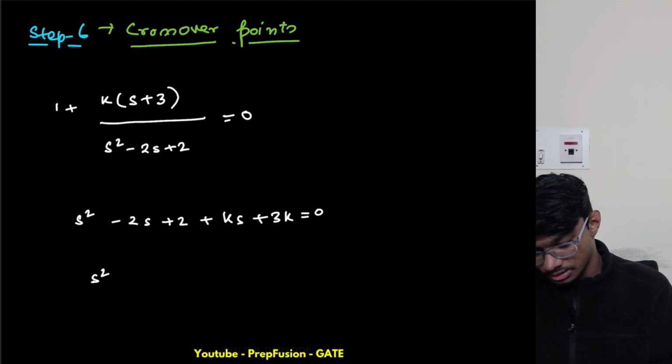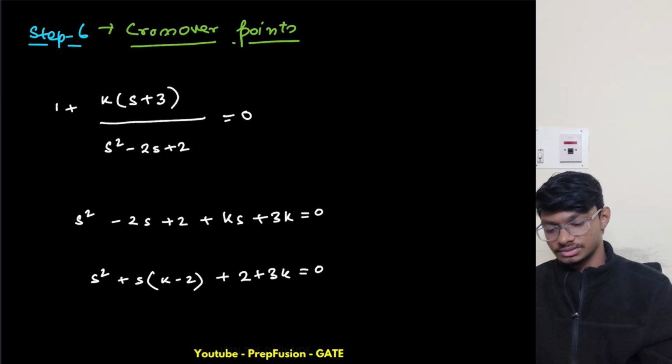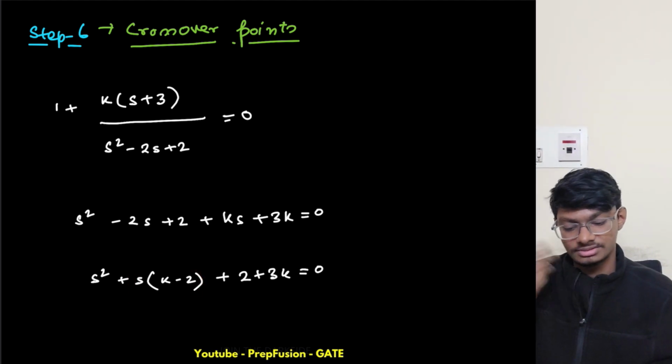So this is s square plus s into k minus 2, then plus 2 plus 3k equals 0, right? Now what you can do is simply make this one 0 and you will get your crossover point, or replace s equals j omega.